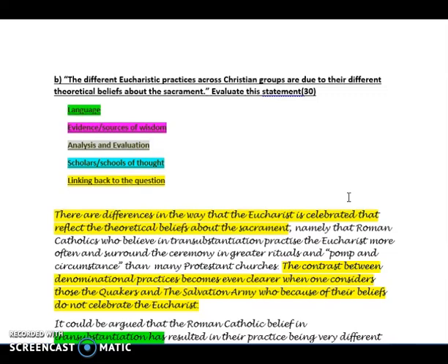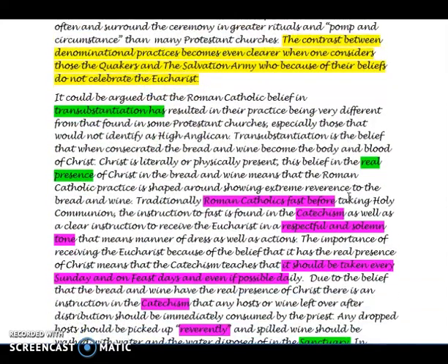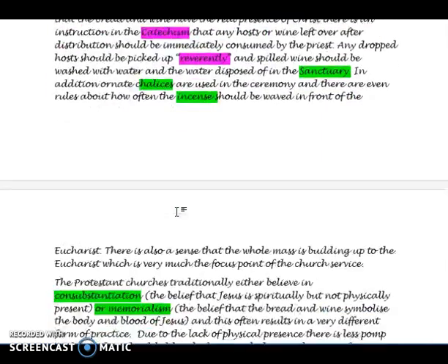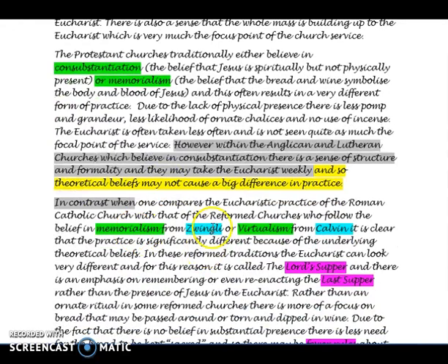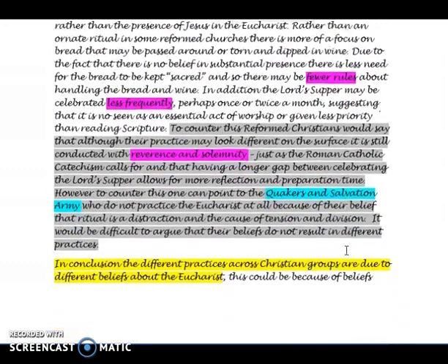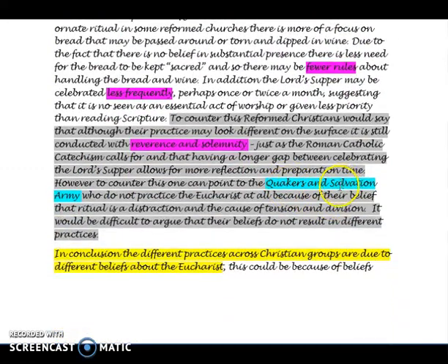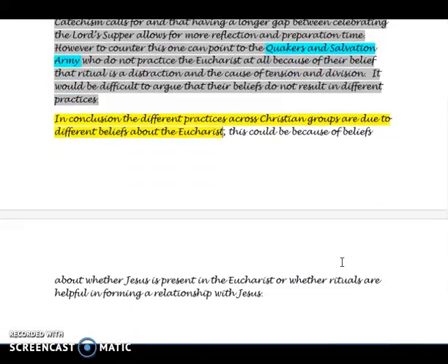I am arguing that they do, and I contrast the way that Roman Catholic beliefs in transubstantiation are put into practice with Protestant beliefs, in particular memorialism from Zwingli and virtualism from Calvin, and in addition the belief of the Quakers and the Salvation Army that rituals are not helpful and in fact are divisive, and so they should be rejected, which obviously is at the complete other end of the spectrum from Roman Catholic practice.